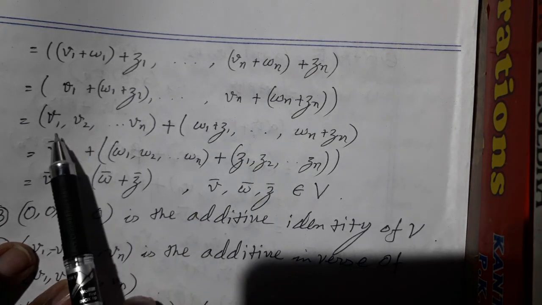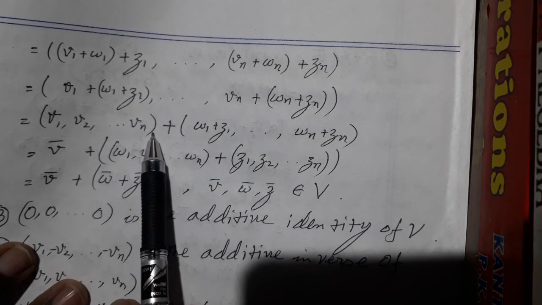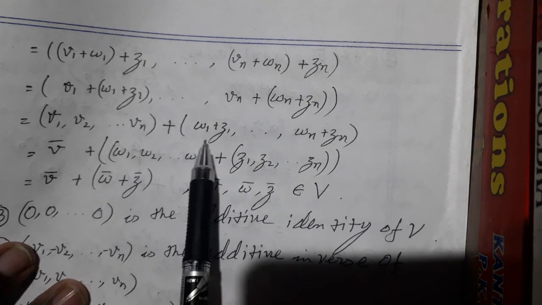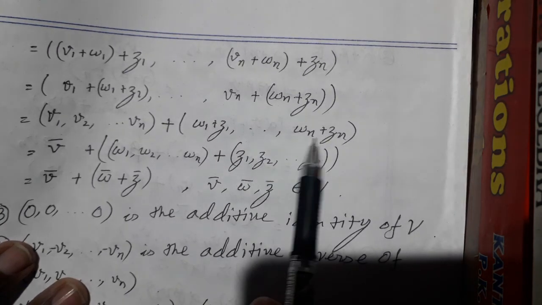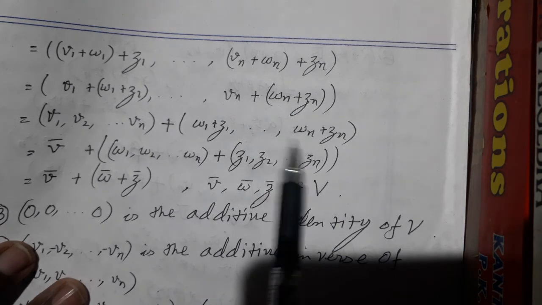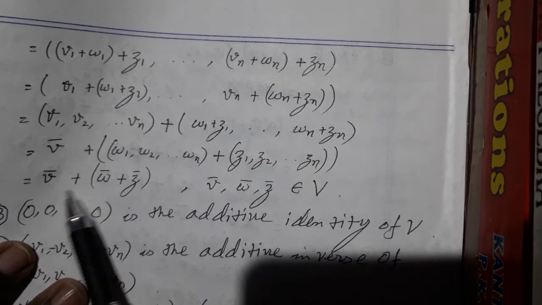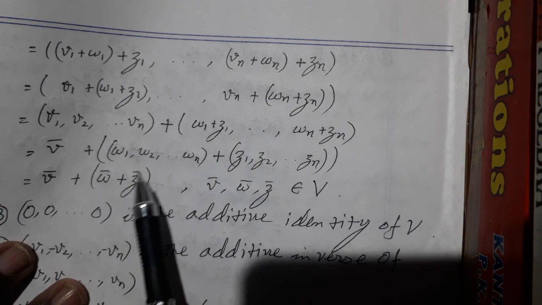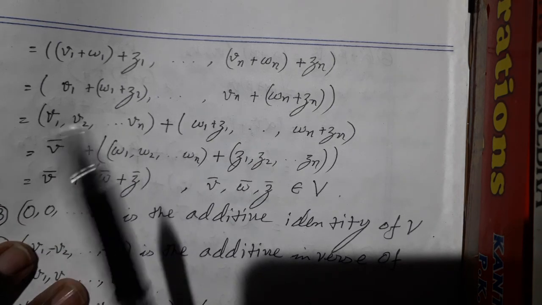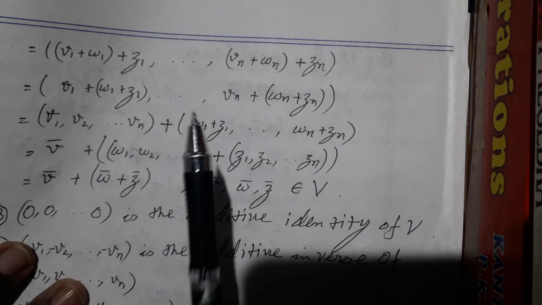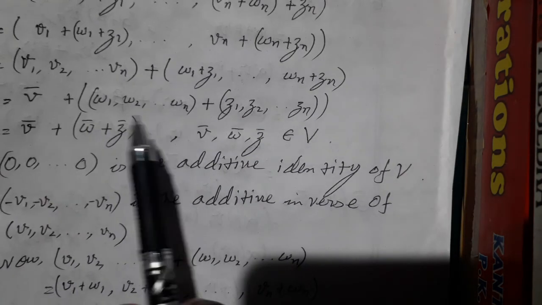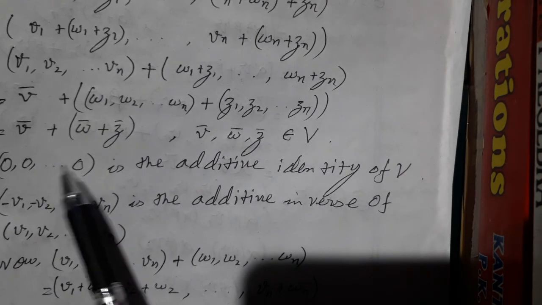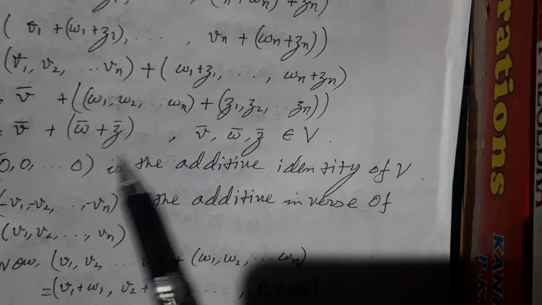Now this can be broken as v1, v2, till vn plus w1 plus z1, and so on till wn plus zn. So we get v bar plus open bracket w bar plus z bar. That shows that plus is associative in V, and we can see that this is the additive identity element of V.